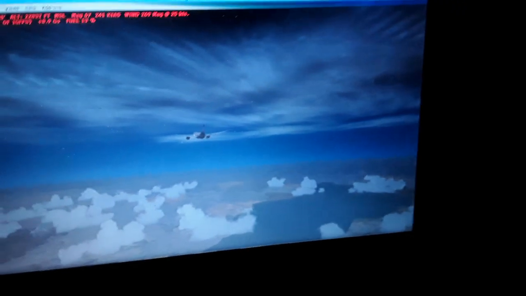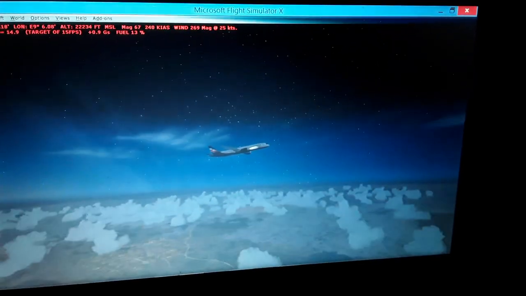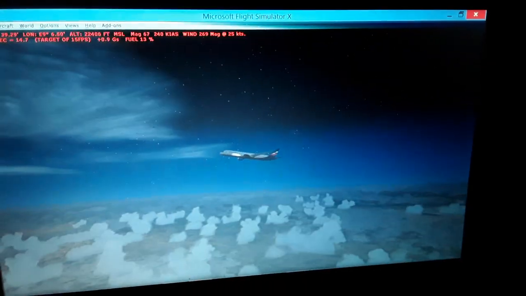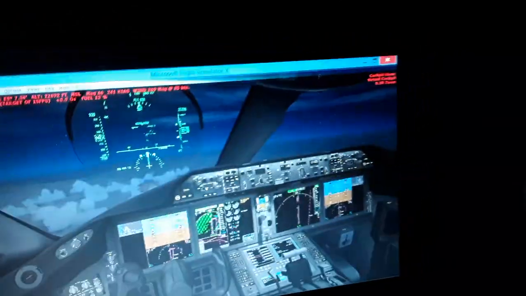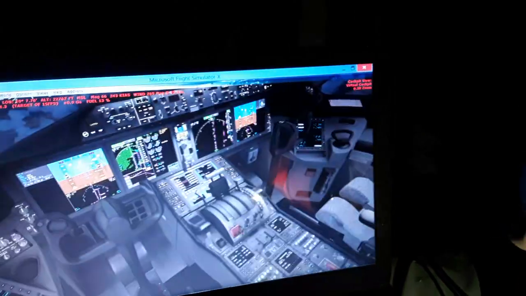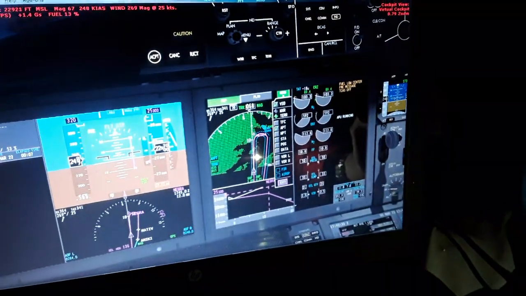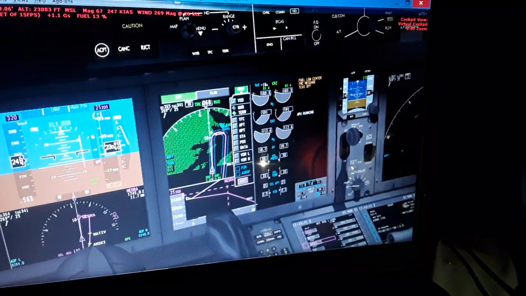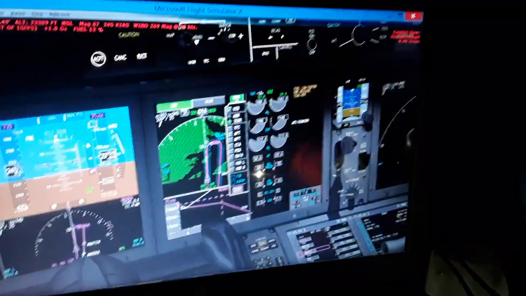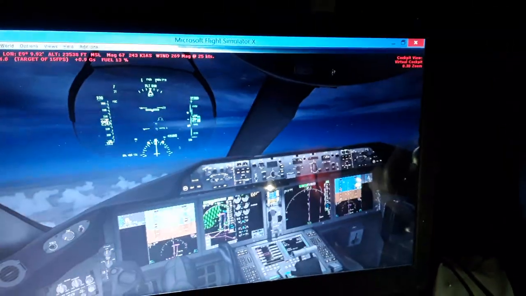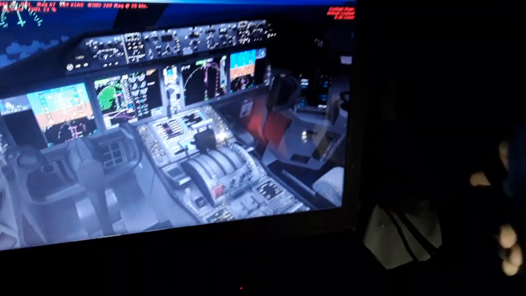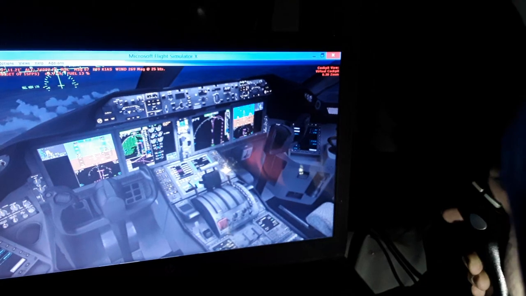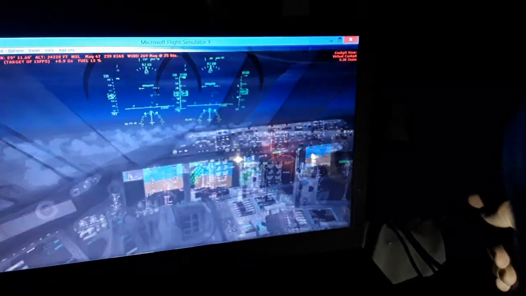So you can see the lakes over here and the galaxy from this side. So we have 10 more minutes to go.